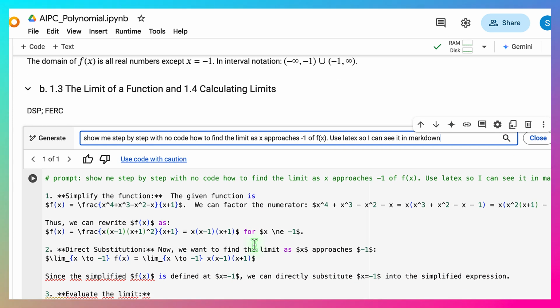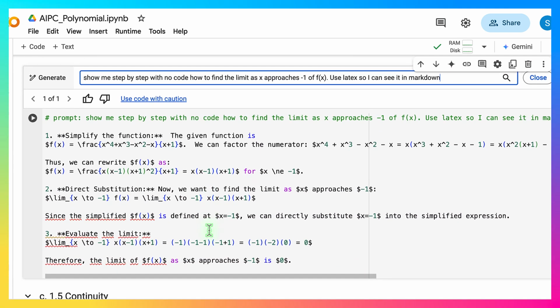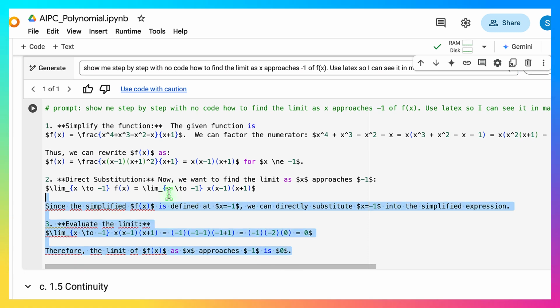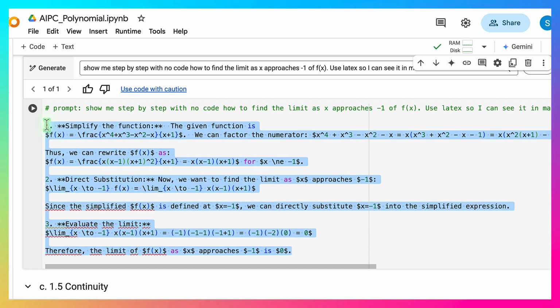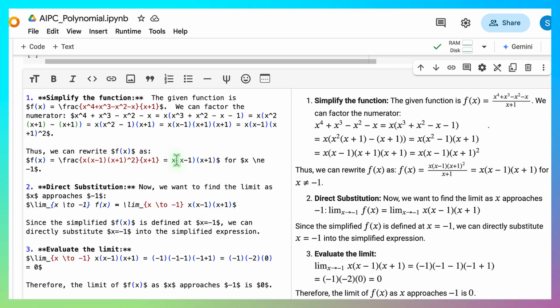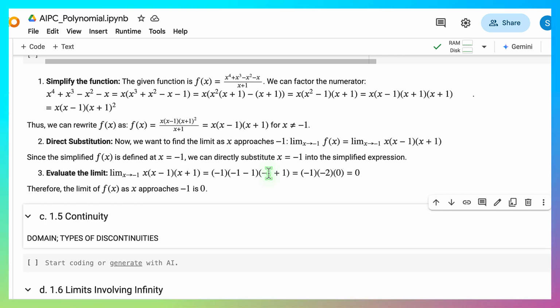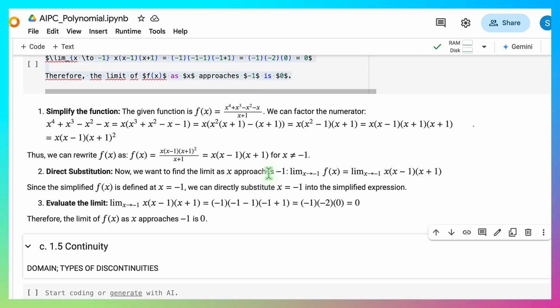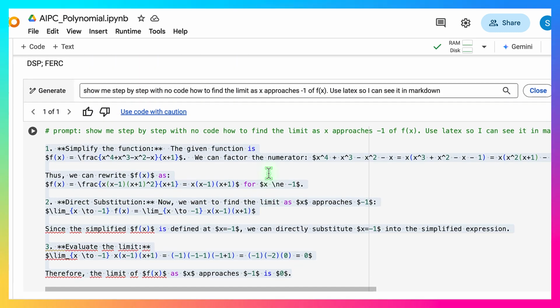Again, you see all the dollar signs and funny symbols. That means it's using LaTeX. So what we need to do, if you don't remember, is copy that and paste it into a text box. And there we go. Okay, so note that the AI is very particular, and you've got to be very particular with your verbiage in terms of getting what you're looking for.